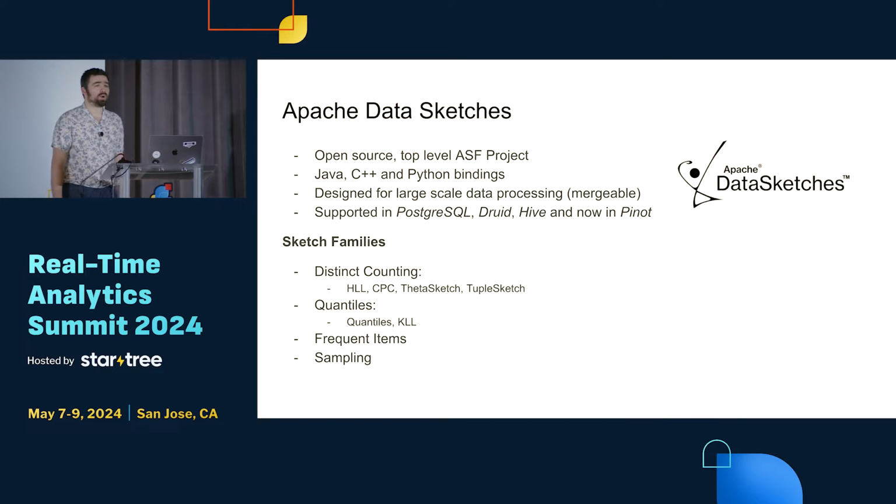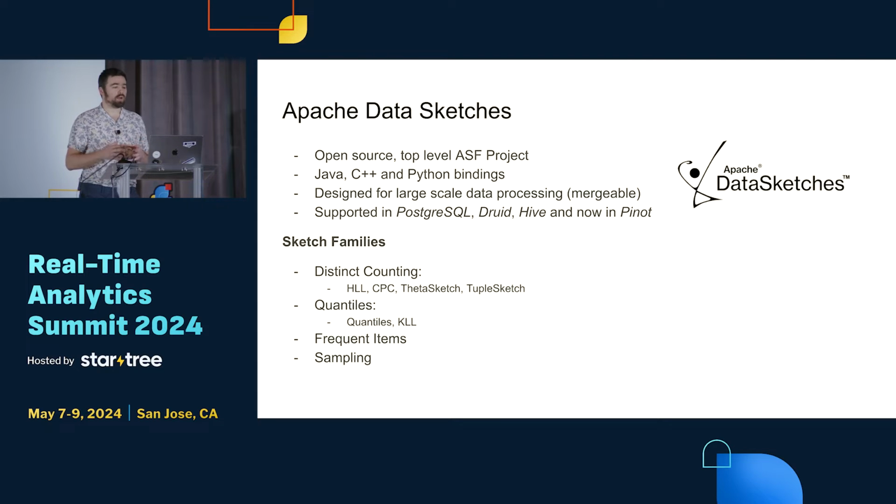Let me go to the next one. We're going to talk about a specific library today, which is Apache Datasketches. Let me go over the properties of what it is. It's an open source, top-level Apache Software Foundation project. It has Java, C++, and Python bindings. It's designed for large-scale data processing.